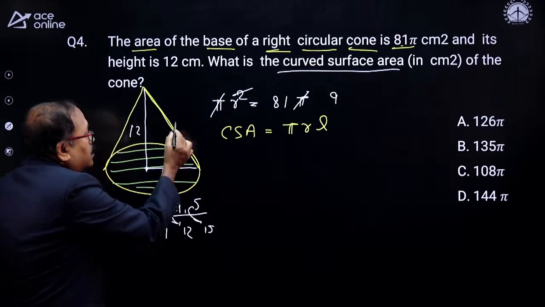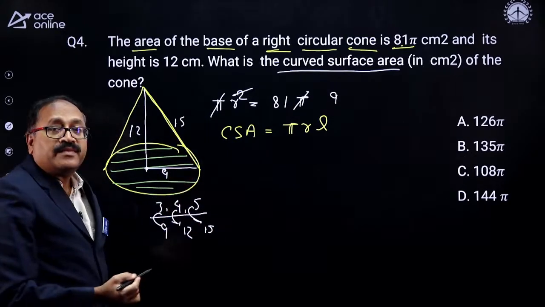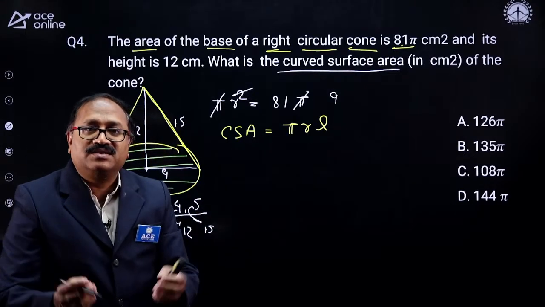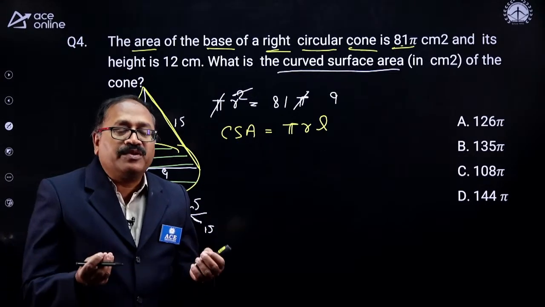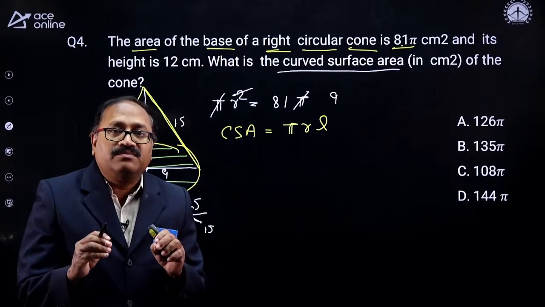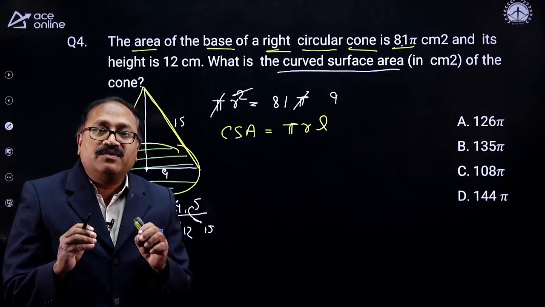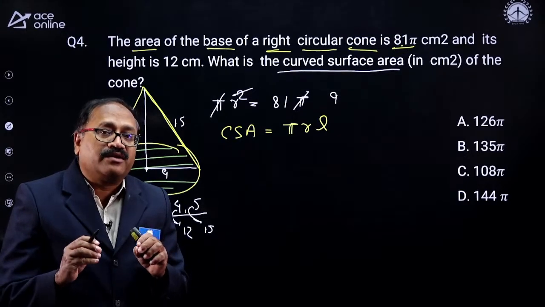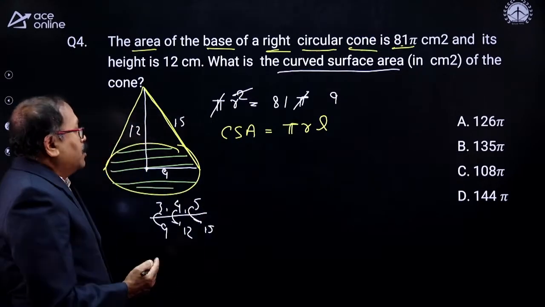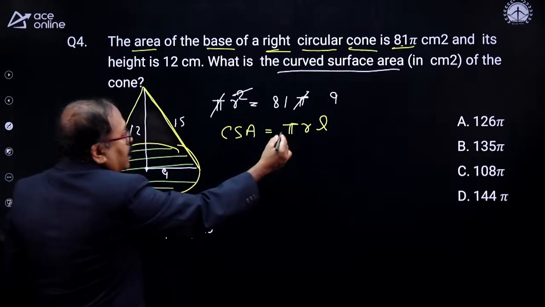This is 15. So this L is 15. Now you have R, you have L, replace it, you get the answer. Mensuration, if you remember a couple of formulas, it is an easy way, less time consuming. You will save a lot of time and you will get a very accurate answer, because twisting will not be there here.